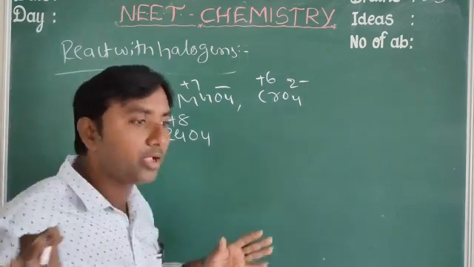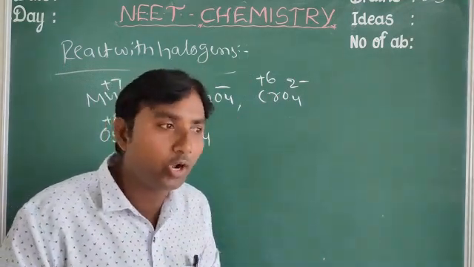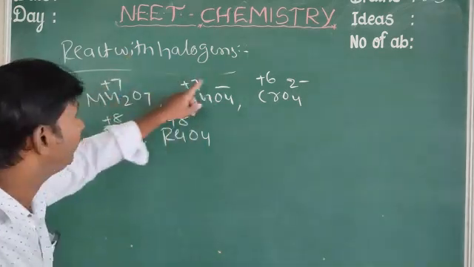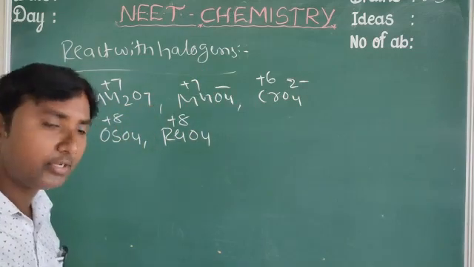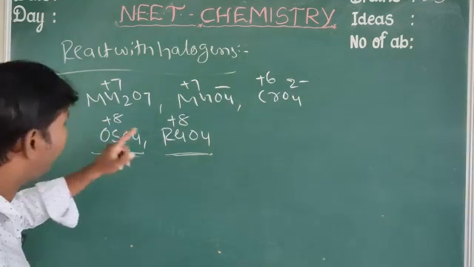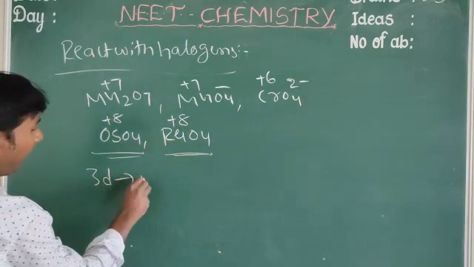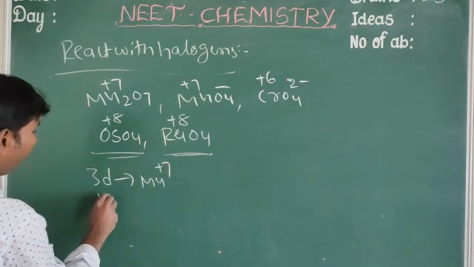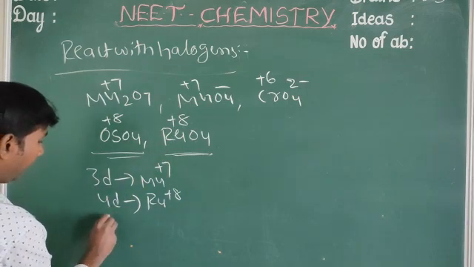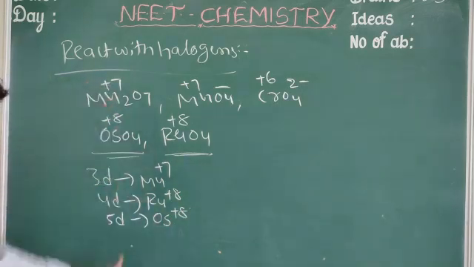That's why the highest oxidation states are given by osmium tetroxide +8 and ruthenium tetroxide +8. In the 3d series, manganese gives +7 with oxygen; in the 4d series, ruthenium gives +8; in the 5d series, osmium gives +8 oxidation state.